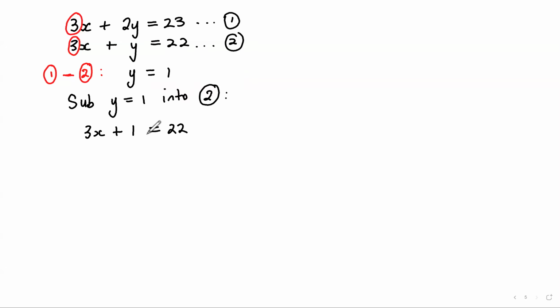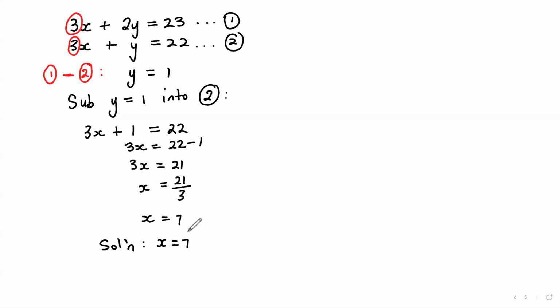If 3x plus 1 is 22, then 3x is equal to 22 take away 1, which means that 3x is equal to 21. And so x is equal to 21 divided by 3, which gives me 7. So my solution here is x is equal to 7 and y is equal to 1.